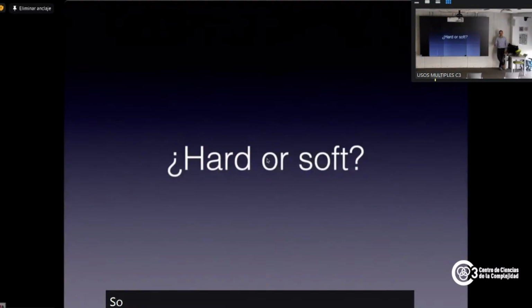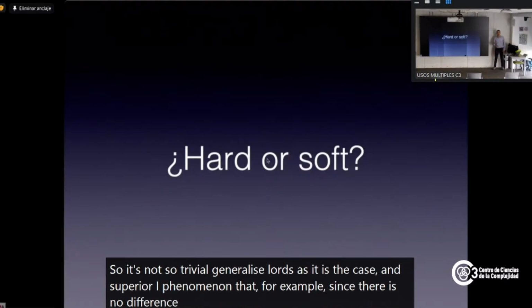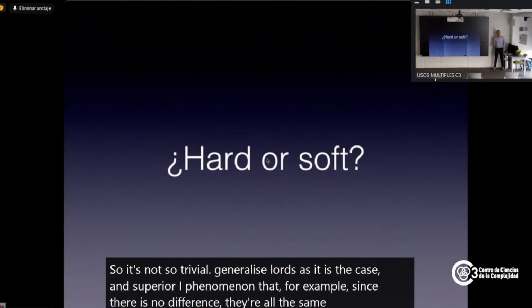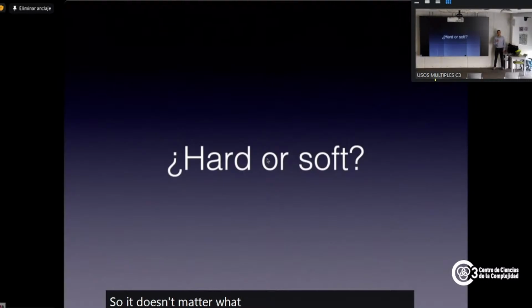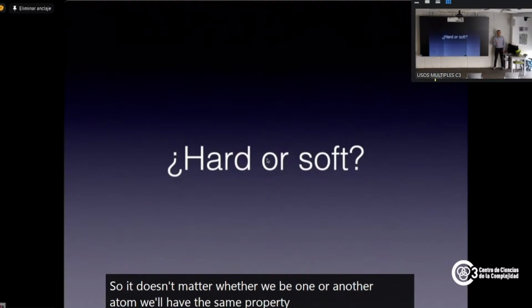So it's not so trivial to generalize laws as it is in simpler phenomena. For example, there is no difference between any atom of hydrogen, since they're all the same, so it doesn't matter whether we pick one or another atom of hydrogen, we'll have the same properties as far as we can tell.